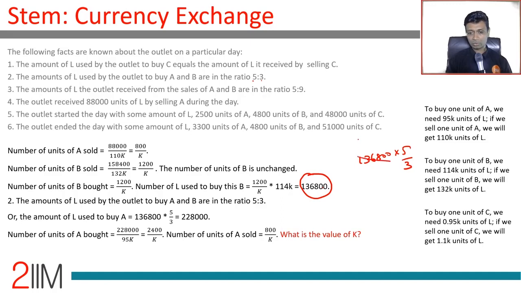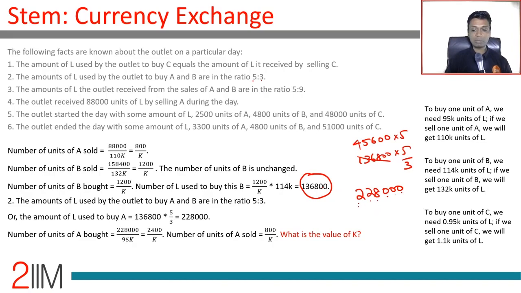This goes 4 times, then 16, 5 times, 18, 6 times, 45600 into 5, or 228000. Brilliant. 228000. This many units of L are used to buy A.